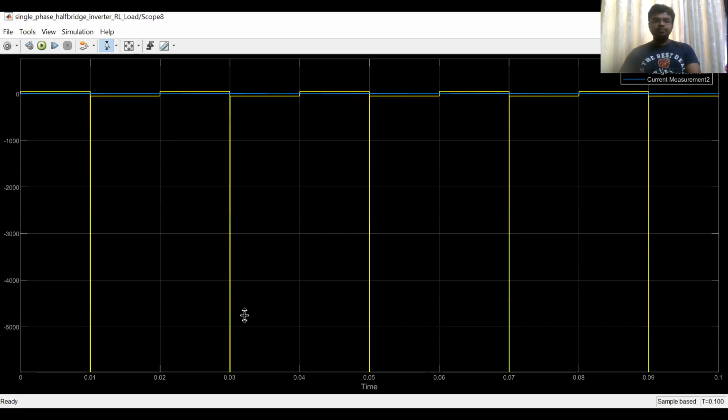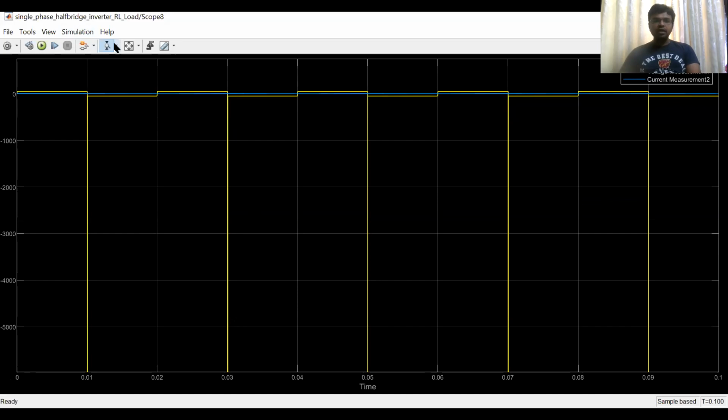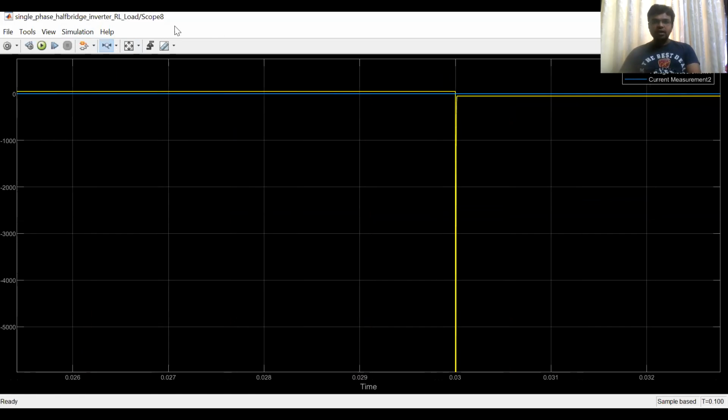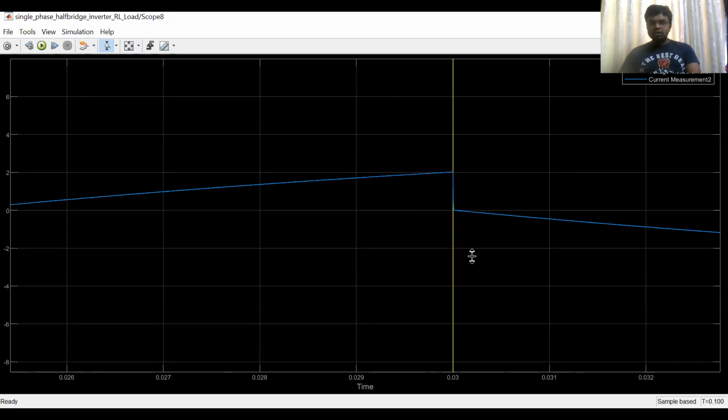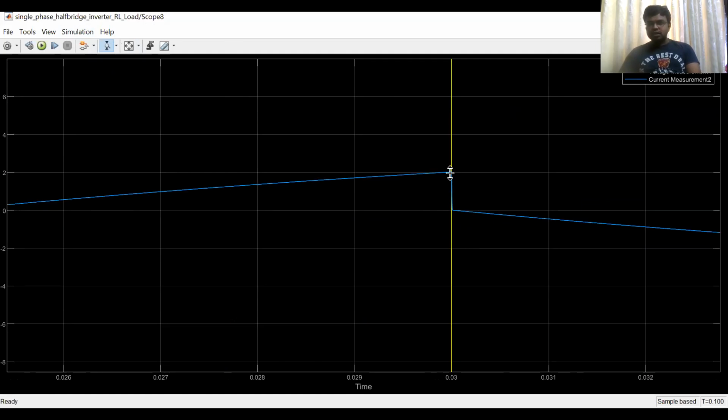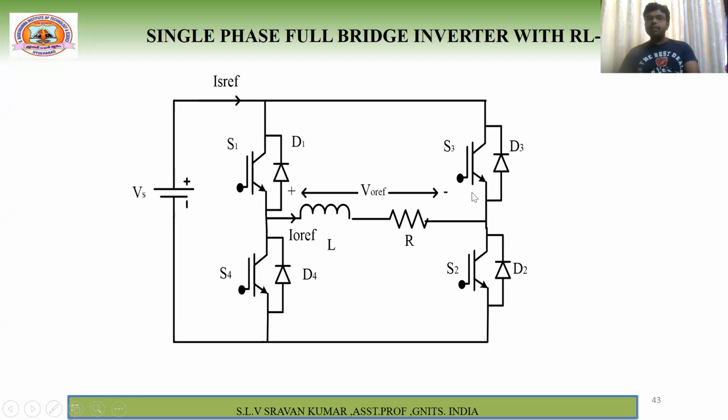I have shown clearly that this high voltage spike is coming because at this moment the current reaches zero suddenly. The current is changing from 2 amps to zero within a very short time. That's why a high voltage spike will be presented. This is the problem you will face when you don't use any feedback diode.